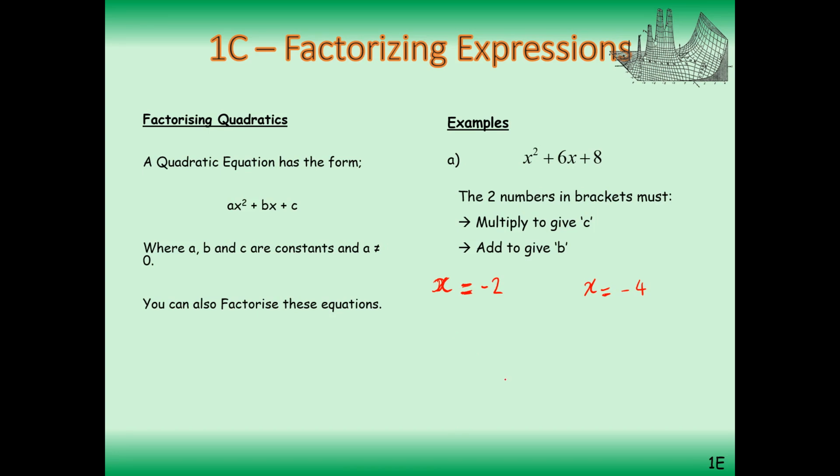So first thing you do is you collect the number next to the x, so you have to add 2 to both sides. Then you write x plus 2, and here you put a bracket around it. Now this x minus 4, you add 4 to both sides of the equation, so you write x plus 4, and that's making it equal to 0.